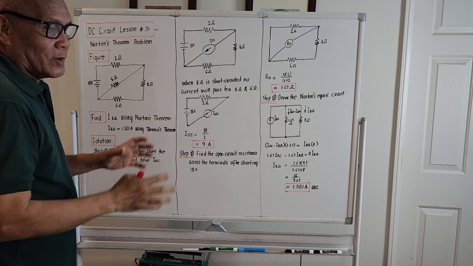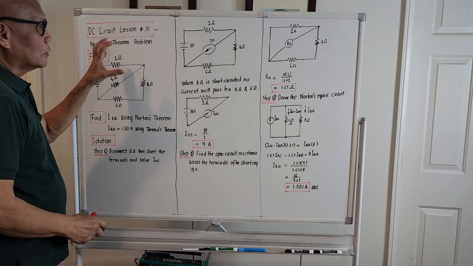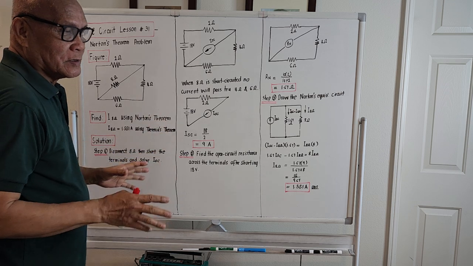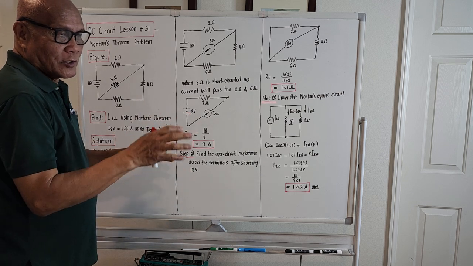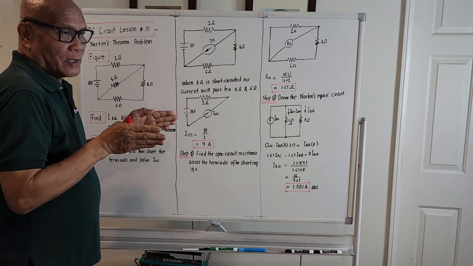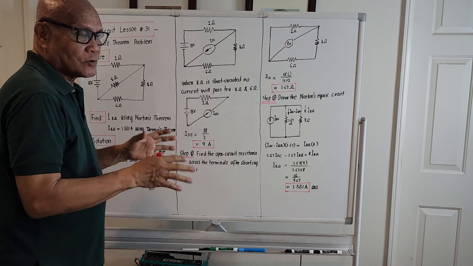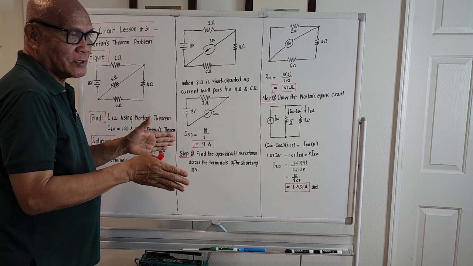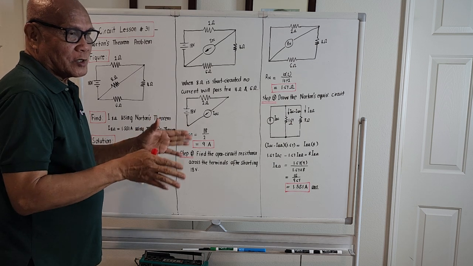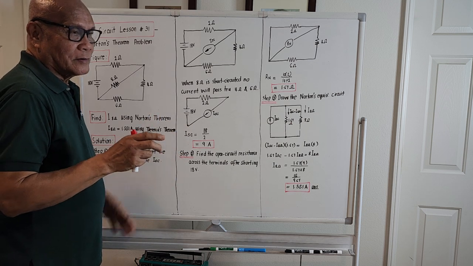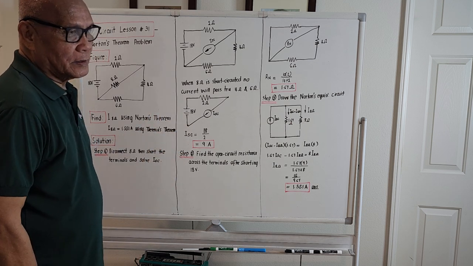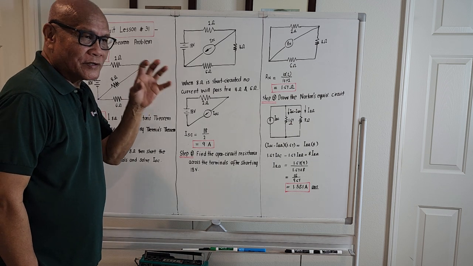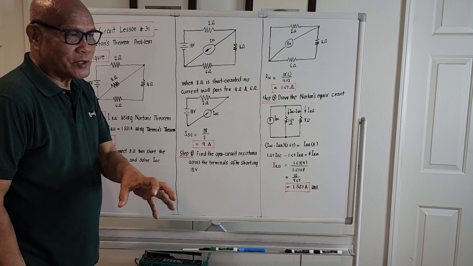Lesson number 31 is a continuation of lesson number 30 because my plan is this: I solved a problem on lesson number 30 and I will be presenting a marathon solution on that problem. Marathon solution meaning I will be presenting different concepts of solution, and the answer will be the same on all the concepts.